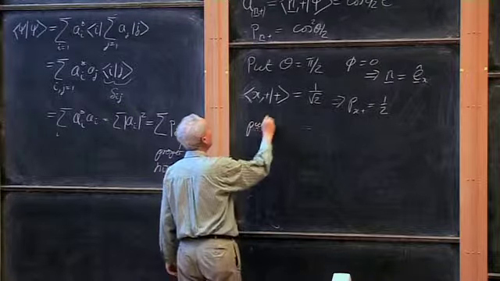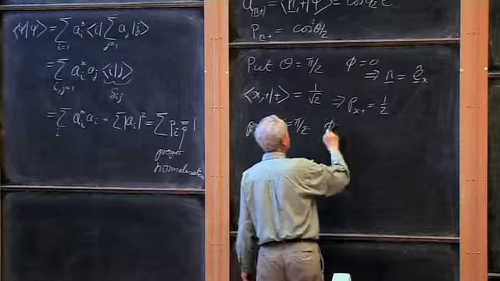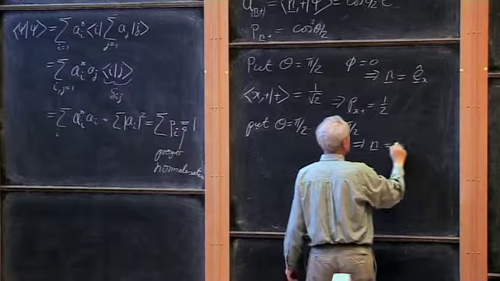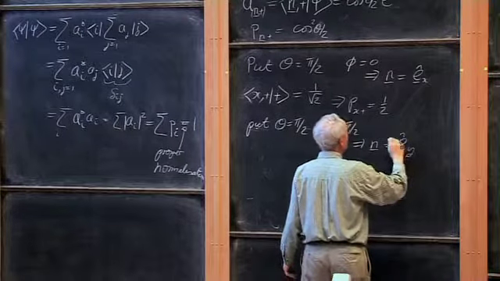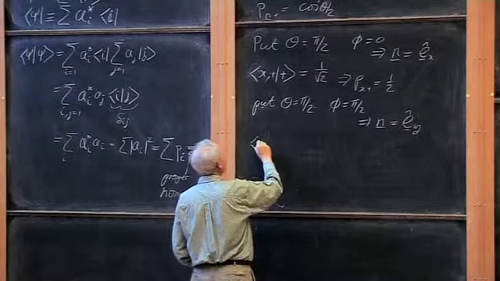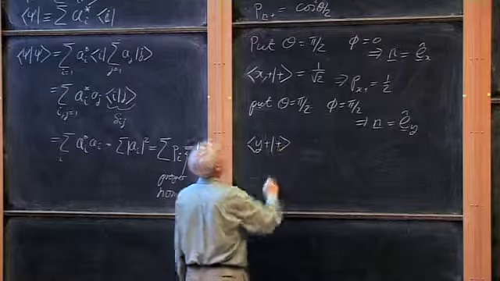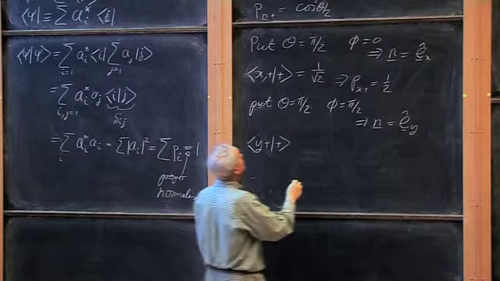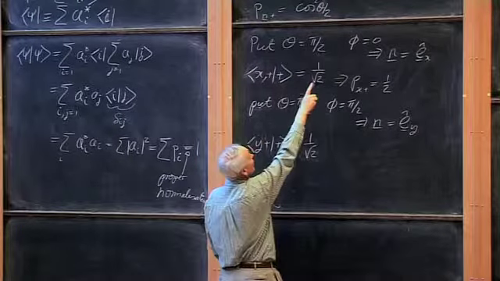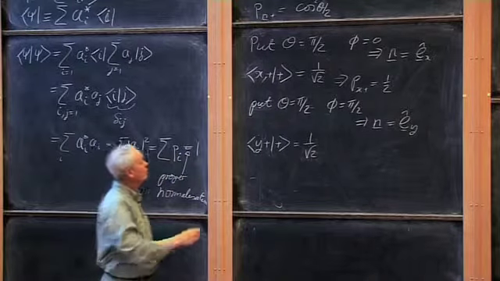Let's put theta equal to pi by 2 and phi equal to pi by 2. That implies that n is equal to e_y, the unit vector in the y direction. What do we get then? Then we find that the amplitude y plus is still 1 upon root 2, but now we have e to the i pi on 4.